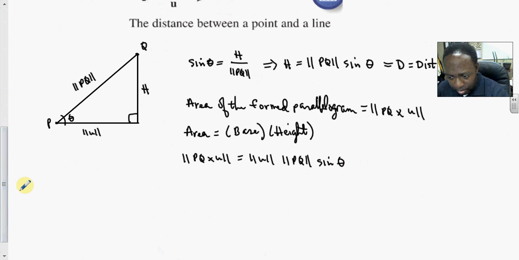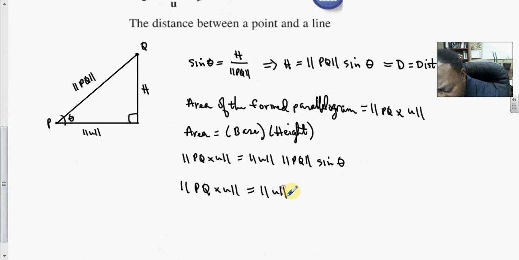So that looks familiar. But sine theta times the norm of PQ is the distance. So what we have is that the norm of the cross product, can't get my Q's right, PQ cross U, is equal to the norm of U times this distance. That's what I'm looking for, that height. So the distance is this cross product divided by the norm of U.